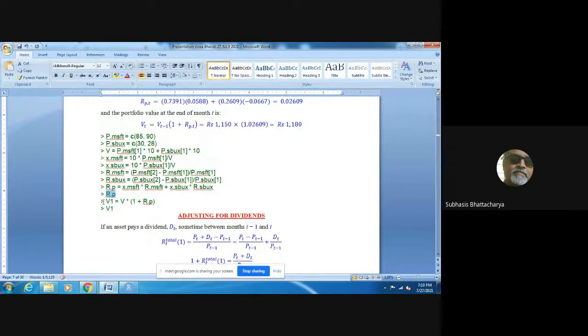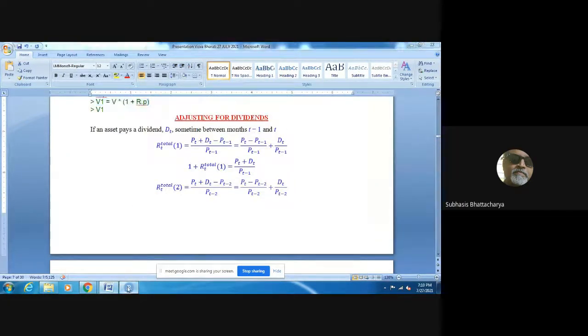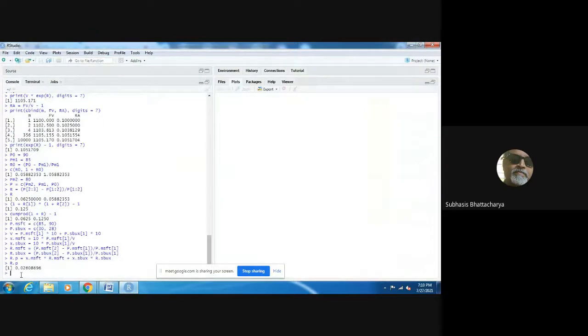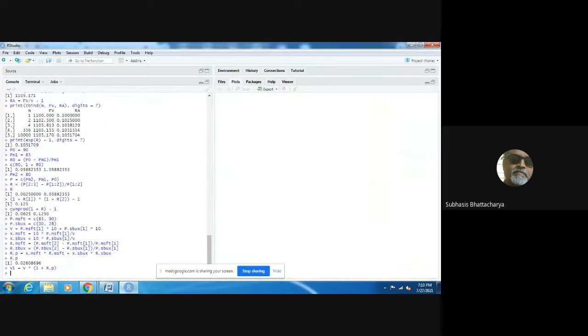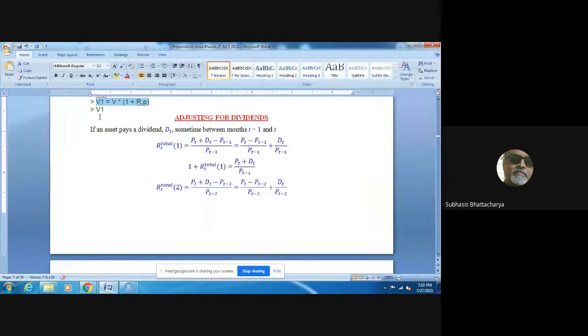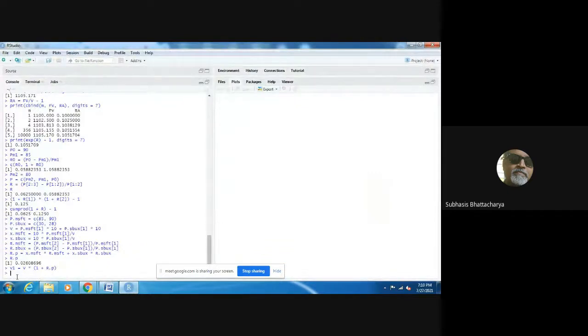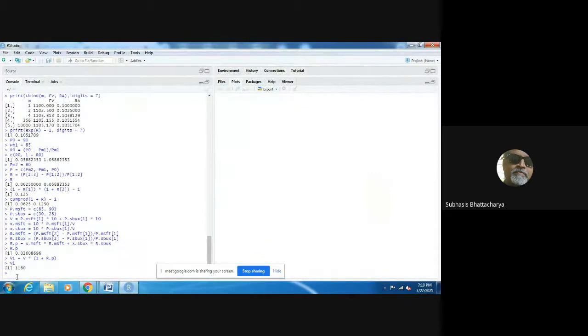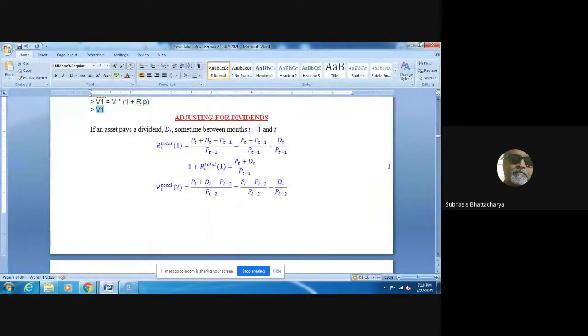But now, what does the wealth become? It is 1180. So these are done without any packages in case of R.